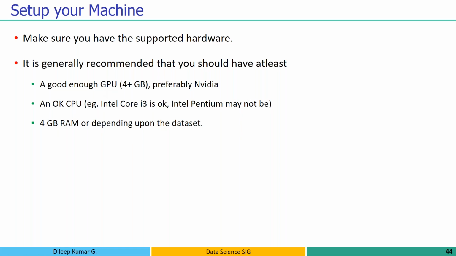These GPUs are required for graphics. Even our laptops have an inbuilt GPU, a 4 GB graphics card. That is nothing but a GPU. So in order to work with these images, you should have a GPU installed.